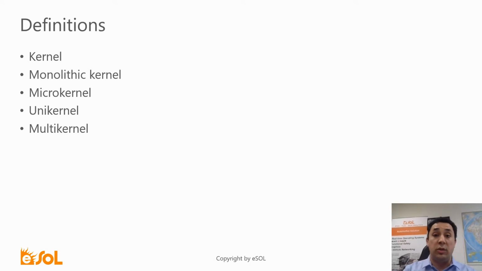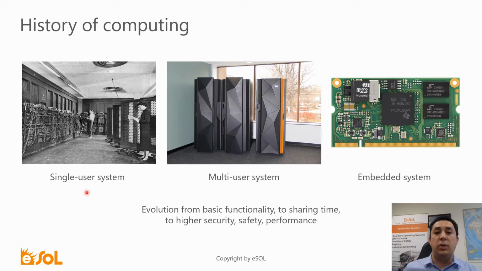If we look at the history of computing, the first computers were taking an entire room or even more, and they were barely capable of running a single application or computing algorithm. So there was no room to share or run multiple applications.